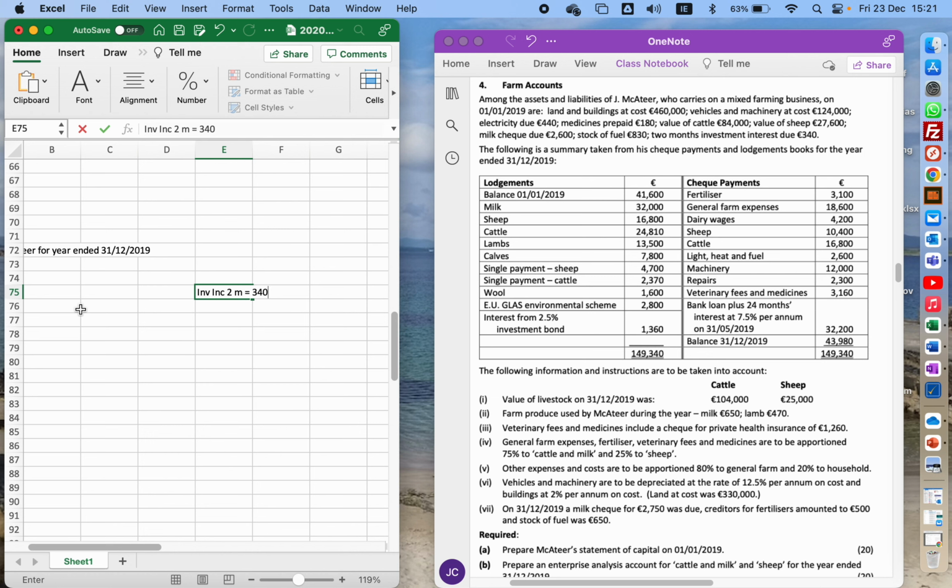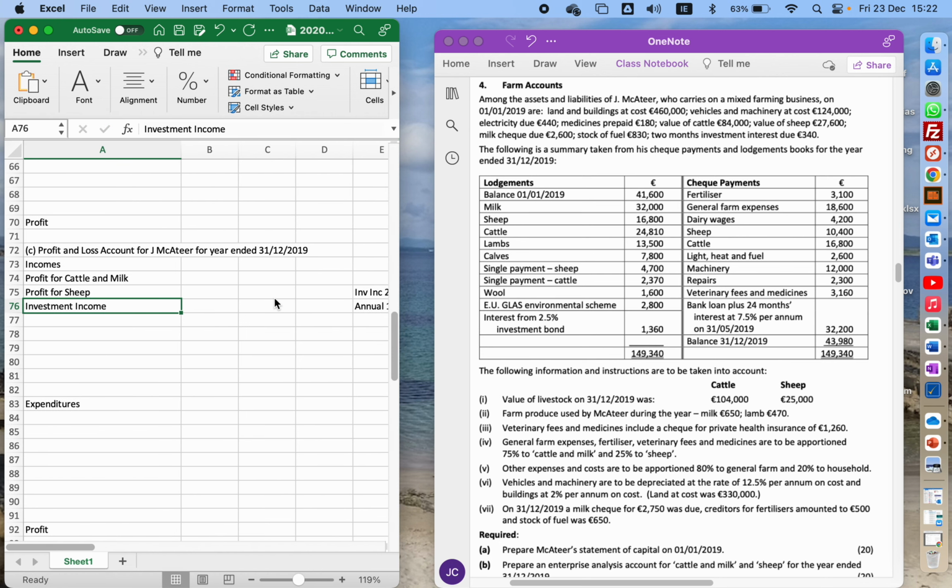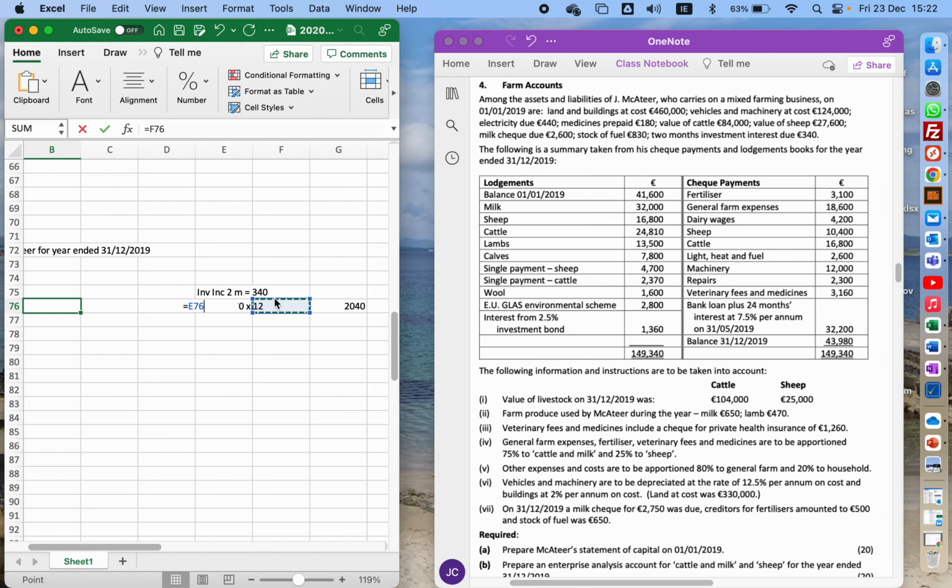That means the investment income for the full year is, if that's 2 months, that means it's 170 a month, so it'll be 170 times 12. So that's the annual figure for investment income. So I'll put that in there.